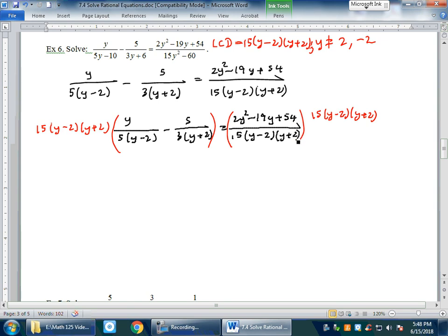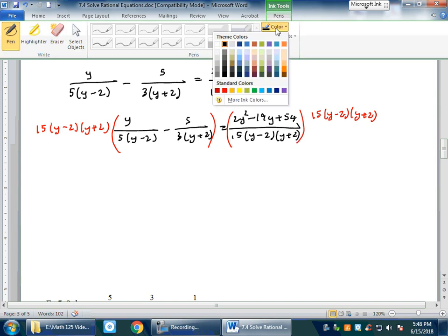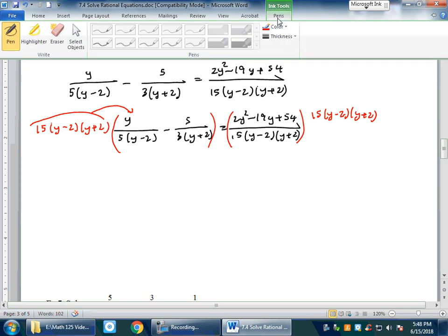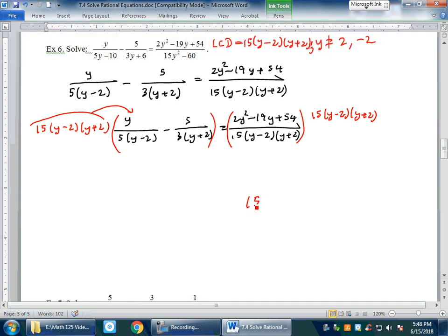So when we distribute on the left hand side to the first fraction, I'm going to write it down for you to see it better. So 15 times y minus 2 times y plus 2, times y over 5 times y minus 2.